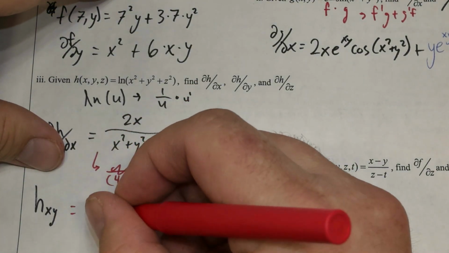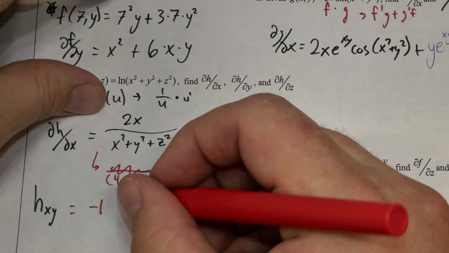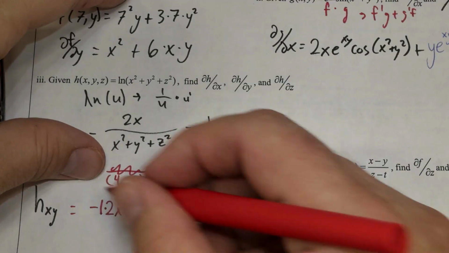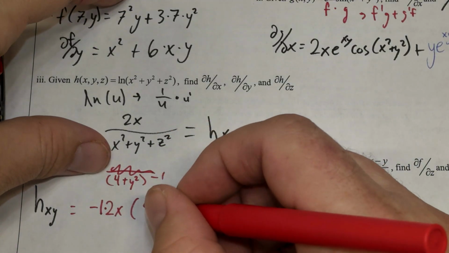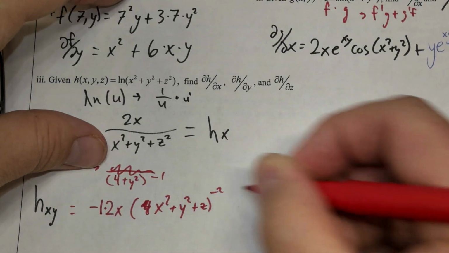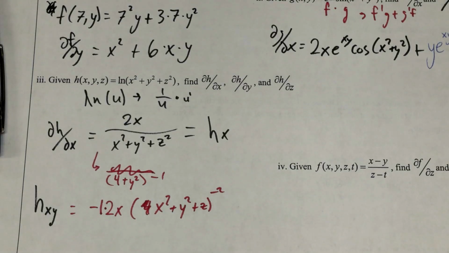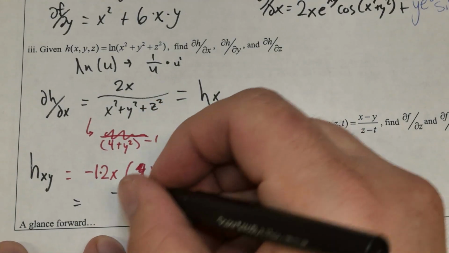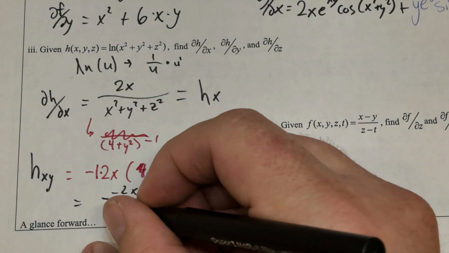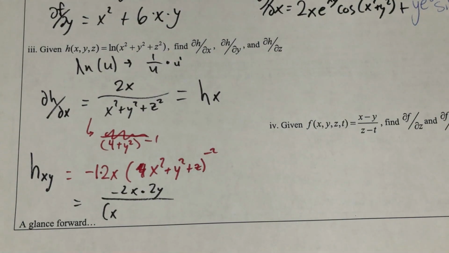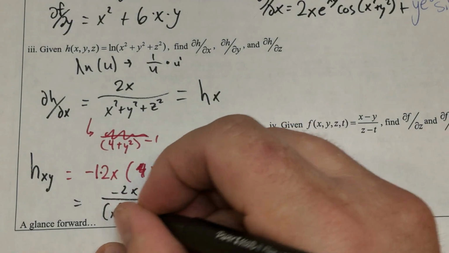So I would get negative 1 times that numerator constant, and then I would power rule this thing down to x squared plus y squared plus z squared to the power negative 2. I know it feels weird, I know it feels yucky, I know it's definitely challenging, but, ooh, and I forgot to chain it. Times 2y, my bad.